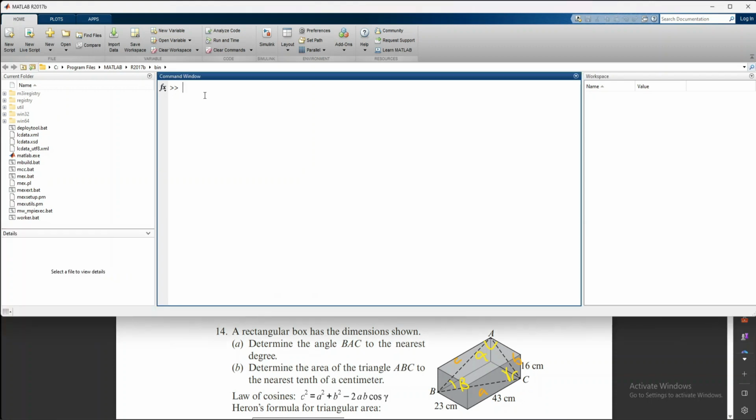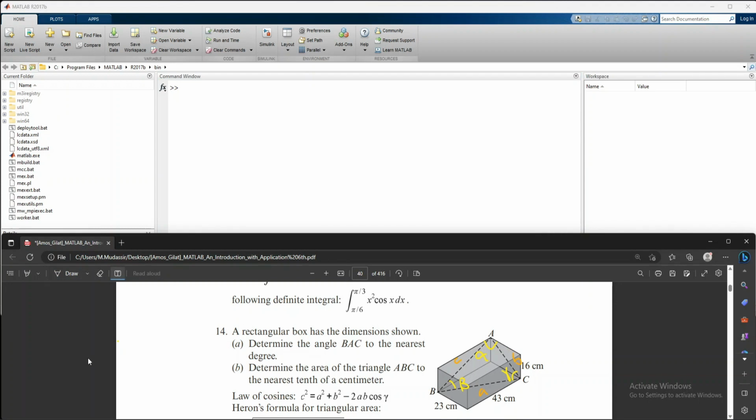Now first let's define some variables. I'm going to show you the Pythagoras theorem: hypotenuse square is equal to base square plus perpendicular square.